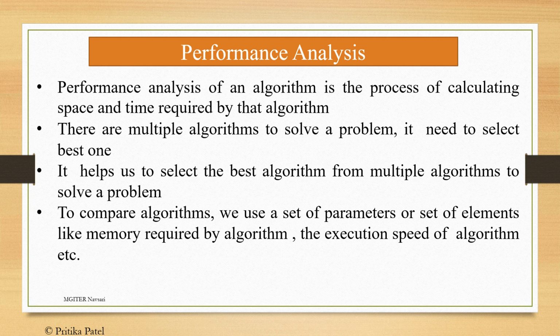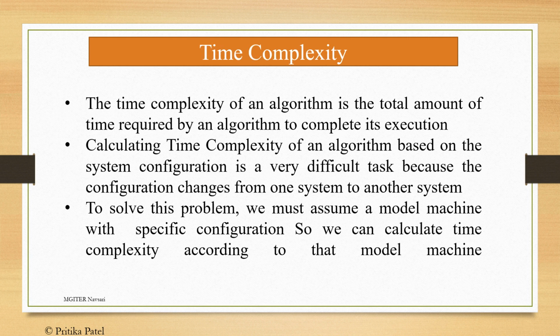It helps us to select the best algorithm from multiple algorithms. To compare algorithms, we need to use a set of parameters like the memory required by the algorithm and the execution speed of the algorithm. Now, next is time complexity.